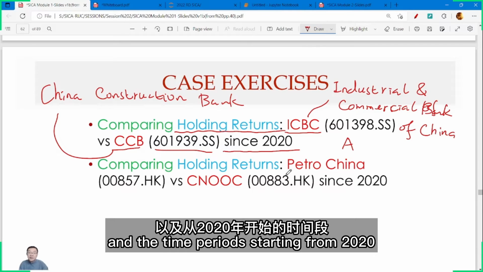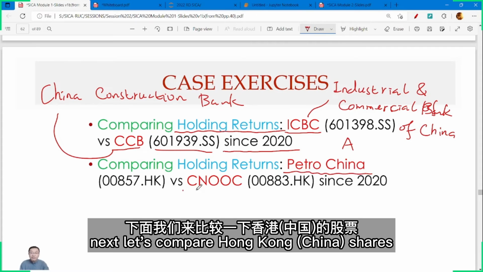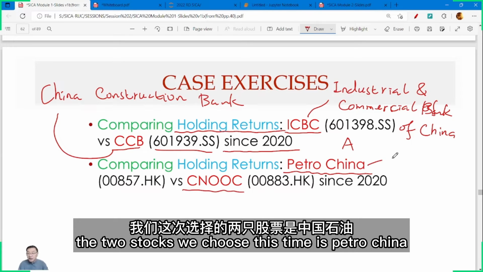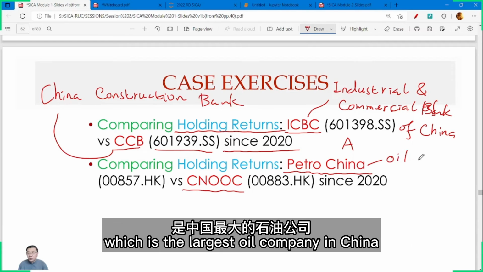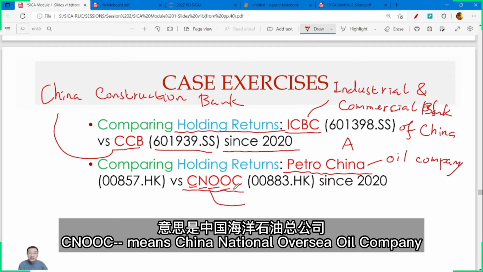Next, let's compare Hong Kong shares. The two stocks we choose this time: PetroChina, which is the largest oil company in China, and CNOOC, which means China National Offshore Oil Corporation, the third largest oil company in China.